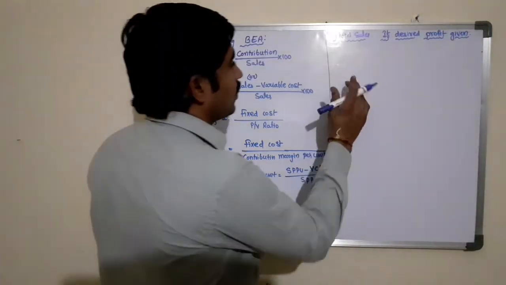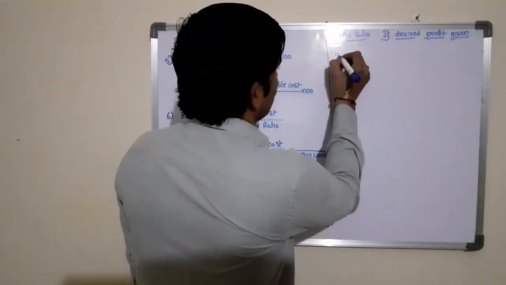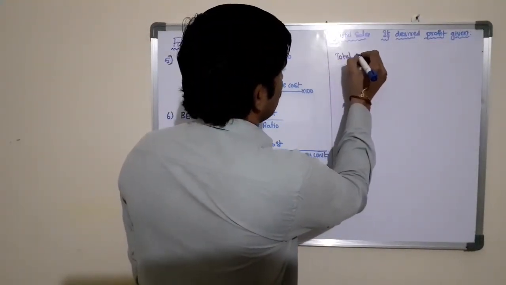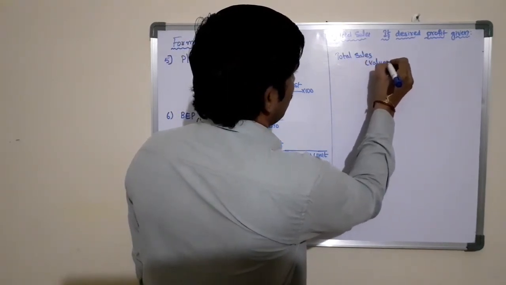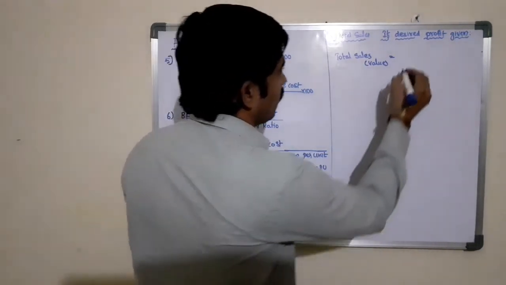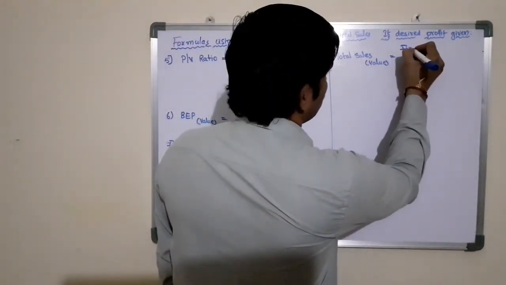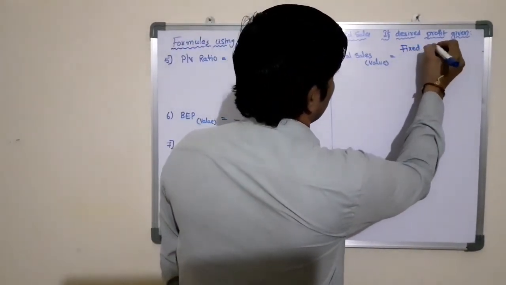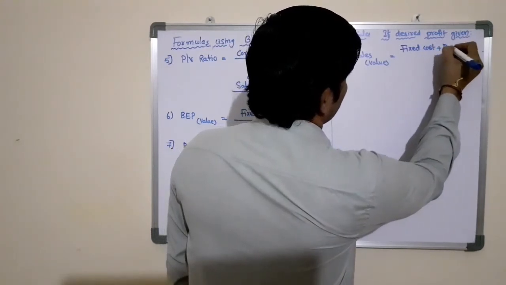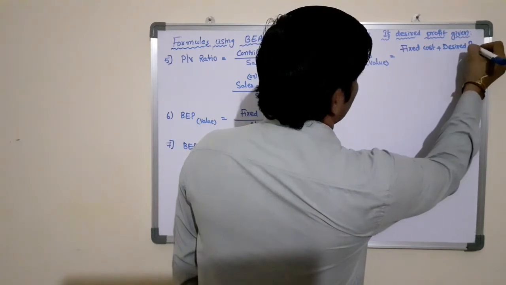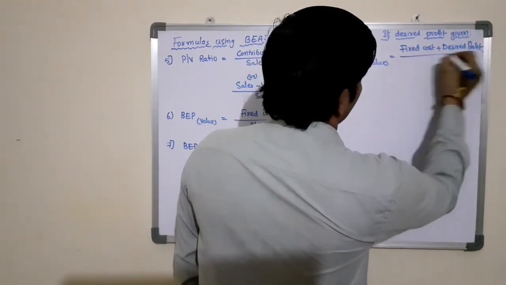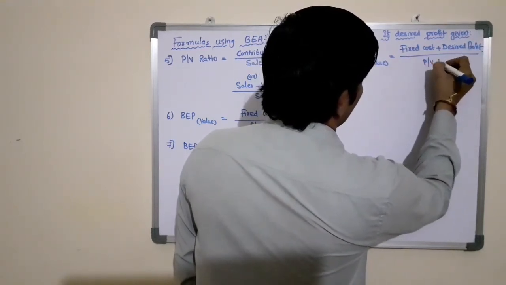For that we require to apply this formula. Here total sales, that is in terms of value, total sales equal fixed cost plus desired profit by PV ratio.